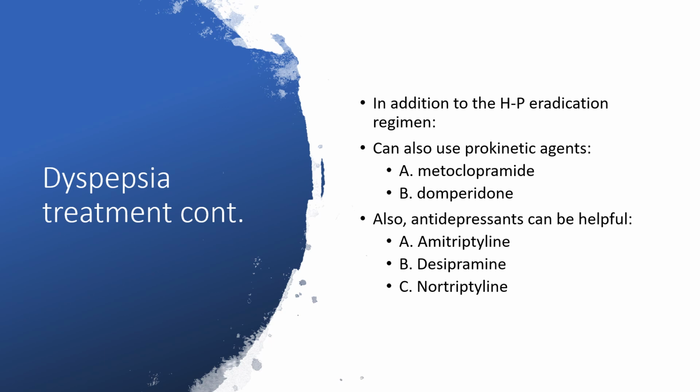You can also use antidepressants because of the pain, using amitriptyline, desipramine, or nortriptyline. But be careful, don't go for high dosage because of the effects on the cardiovascular system. Nortriptyline is actually better if you are dealing with elderly people.